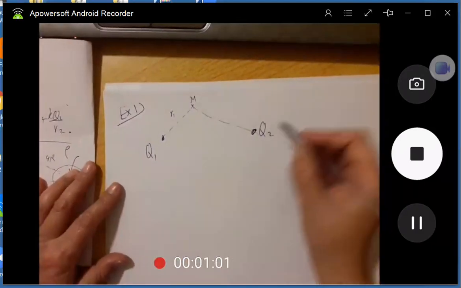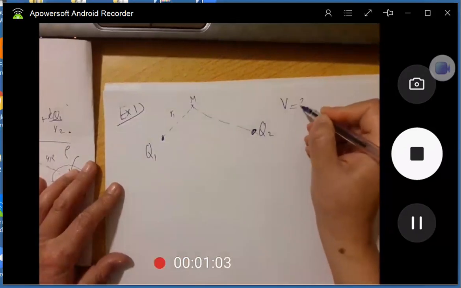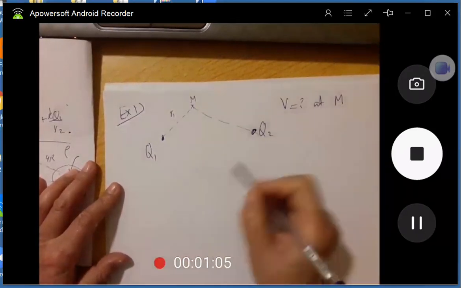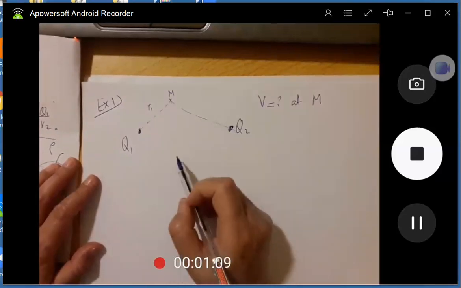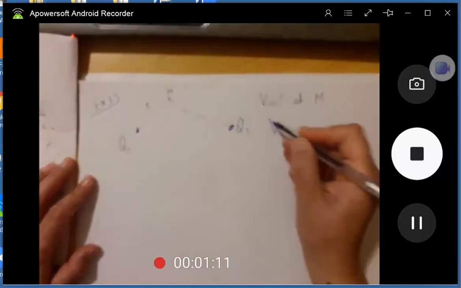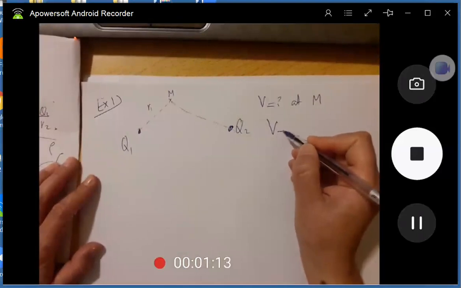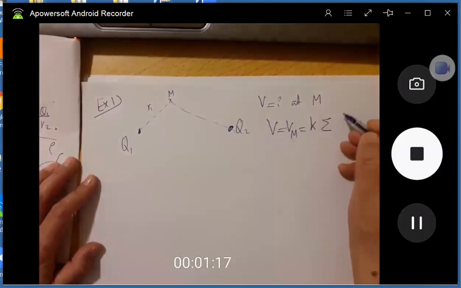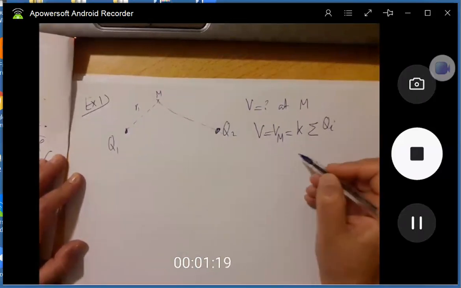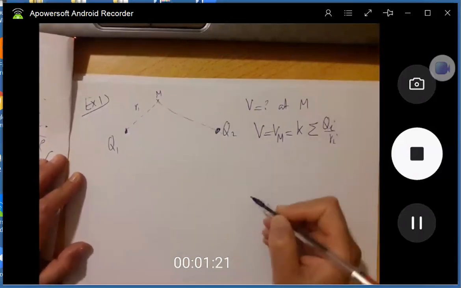The question is, V equals what at M? What type of charge distribution is this? This is a discrete distribution. So the potential at M comes from K times the summation of all the Qi's over the corresponding Ri.